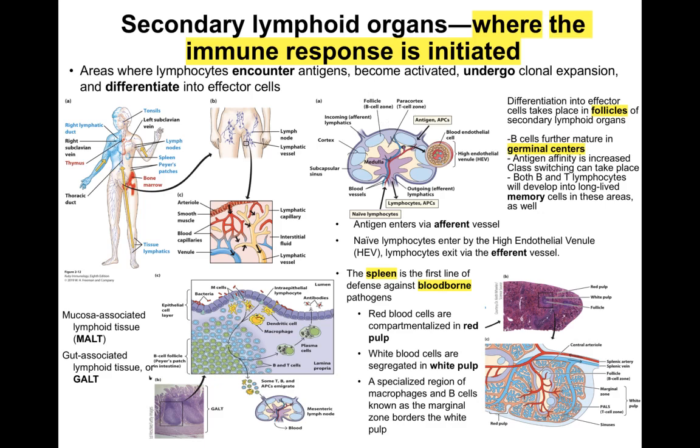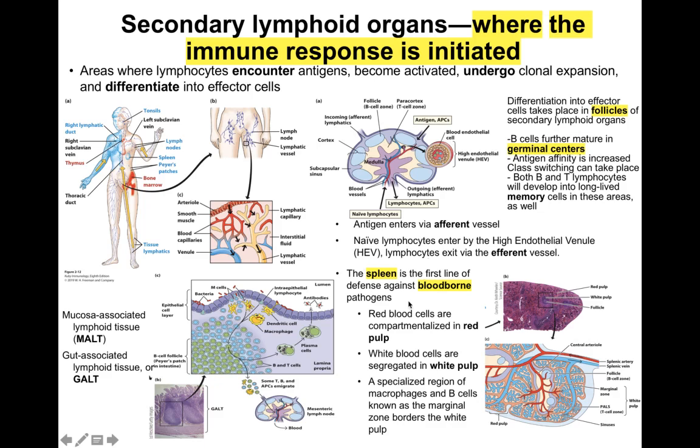It's in the follicle where you have B cell activation. If they're maturing after being activated, they'll generate a germinal center there. You also get memory cells generated in the lymph node.